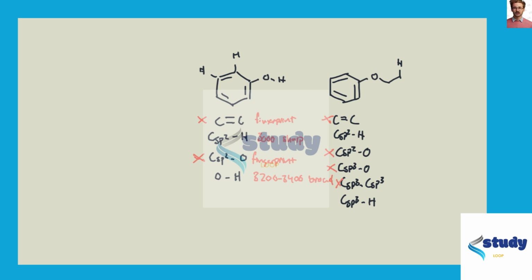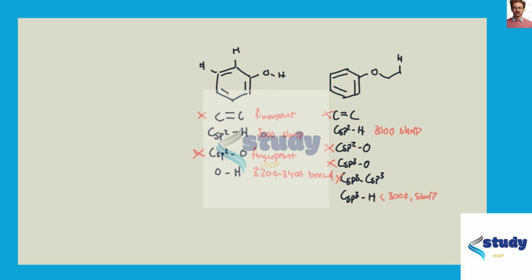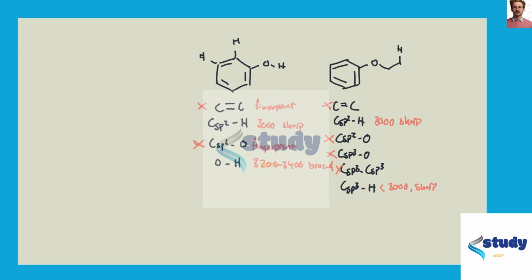That's the 3000 sharp stretches for sp2 carbon-hydrogen, and sp3 carbon-hydrogens also have a sharp stretch, but this is going to be below 3000 and sharp.